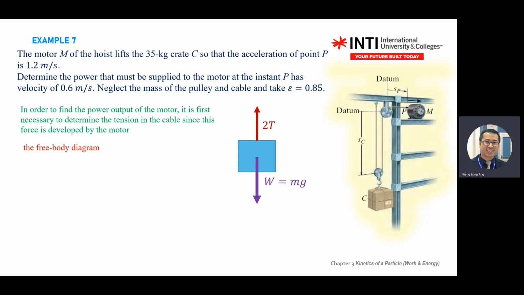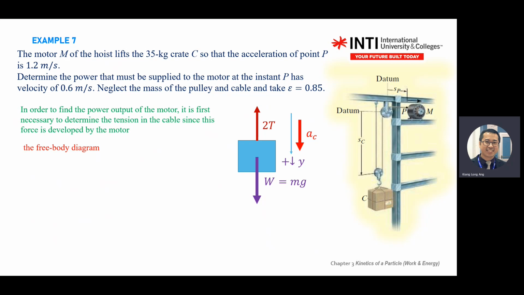You have seen this one, I think in chapter 2, in one of our examples. We follow the datum direction, go down positive. There's no contact surface, so there's no normal force. Resistance of air was not given, so you don't need to consider the resistance.